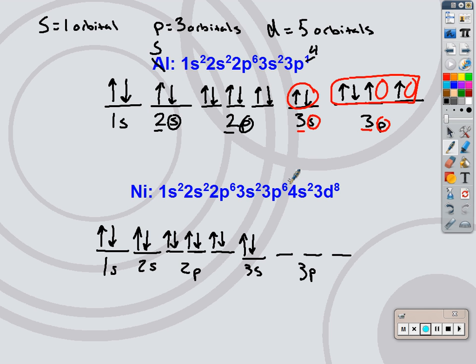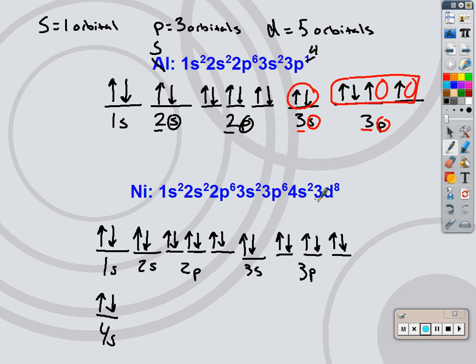We have 6 in there, so it's full. 2 in each room, spinning in opposite directions. Then we move to 4s. Now I could keep working off in this direction, or I can just move on to a new line, which is what I'm going to do here. 4s is 1 room. It's got 2 electrons in it, so it's full. Make sure they're spinning in opposite directions.